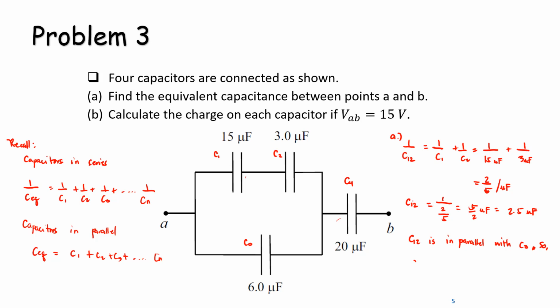So we have C123 is equal to C12 plus C3 because they are in parallel. Your C12 is 2.5 microfarad and your C3 is 6 microfarad. So your C123 is equal to 8.5 microfarad. Okay, so we have obtained the equivalent capacitance of these three capacitors.